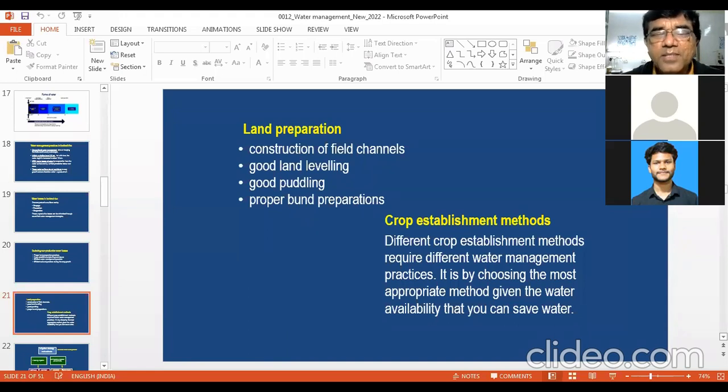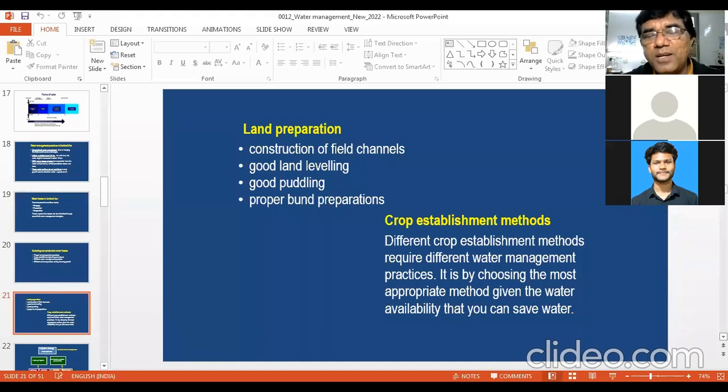Crop establishment method, just I told you that different crop establishment methods require different water management strategies. So it is by choosing the most appropriate method given the water availability that you can save water. So here the message is, depending upon availability of water, one should choose the method of rice crop establishment. First of all, farmers should assess how much water is available for applying to the rice crop during a particular season.